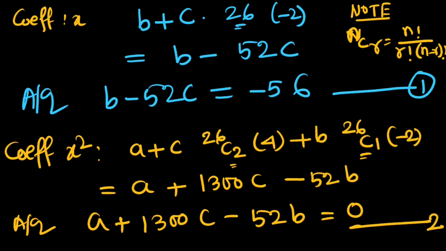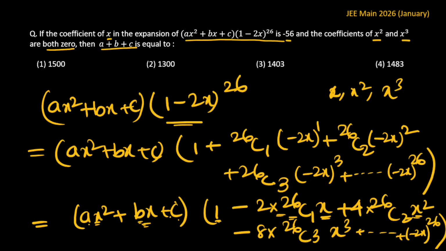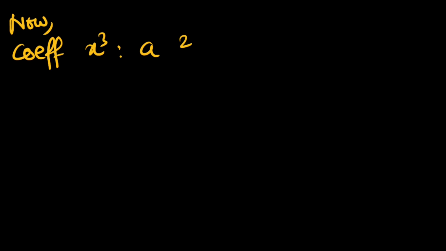Now we find the coefficient of x cube. How to find this? When we multiply c by this x cube coefficient, then we will get the coefficient of x cube, and when we multiply b by the x square term, then we will get the coefficient of x cube, and when we multiply the x square term a by the x term, then we will get the coefficient of x cube. Therefore the coefficient of x cube is a times 26c1 multiplied by minus 2, plus b times 26c2 multiplied by 4, plus c times 26c3 multiplied by minus 8.